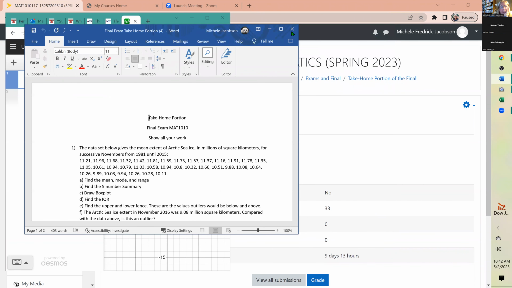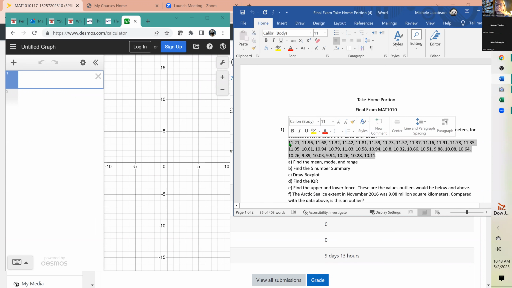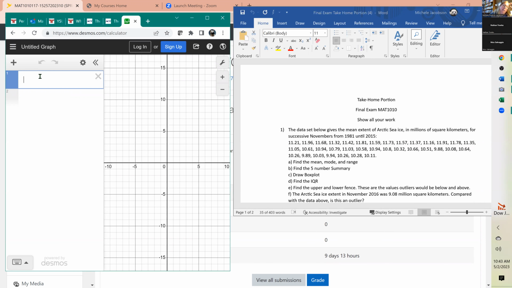I think we can highlight the data and put it into a list. So Control C, and then L equals. That was not right.